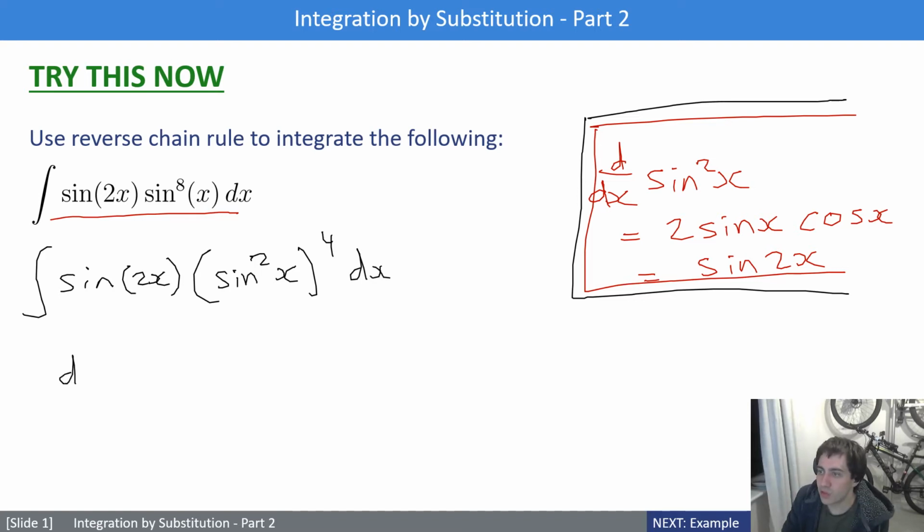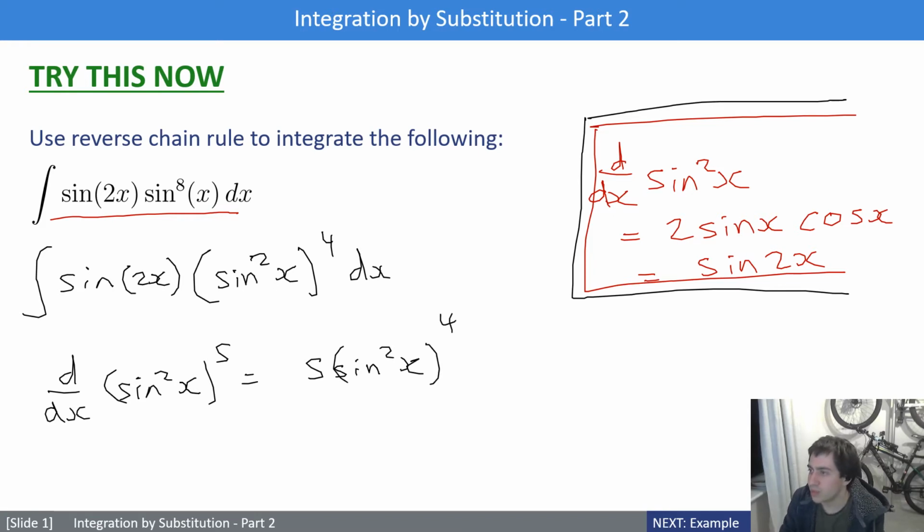So then if I do my guess, which involves raising the power by 1, then I get 5 sine squared to the 4 multiplied by the derivative of sine squared x, which is sine 2x. And there I've effectively got the answer, except I need to divide by 5. So it's going to be 1/5 here.